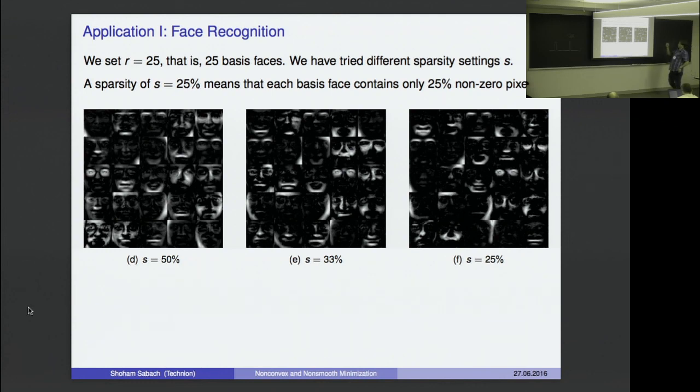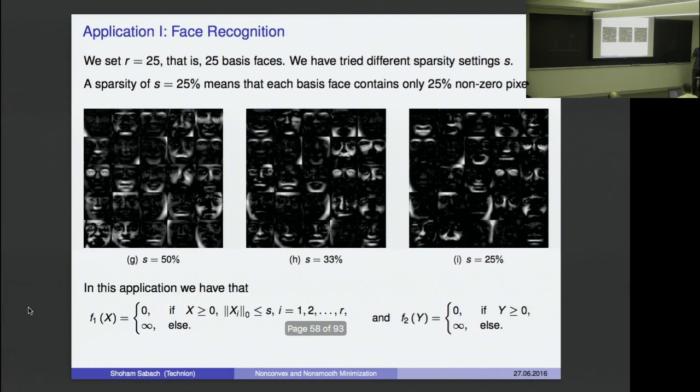So actually, if you think how we can apply IPALM here, we need to identify the function F1 with the indicators on the X block, which means non-negativity and sparsity on each column. And as I showed before, this can be done very efficiently. And with respect to the second block, we didn't assume any additional requirements, just the non-negativity.